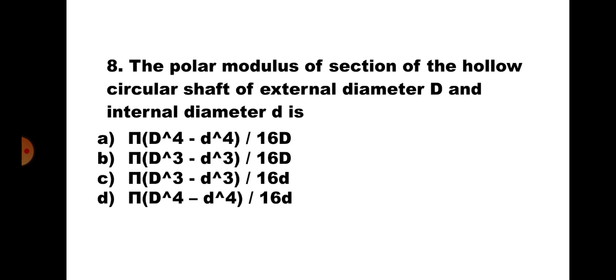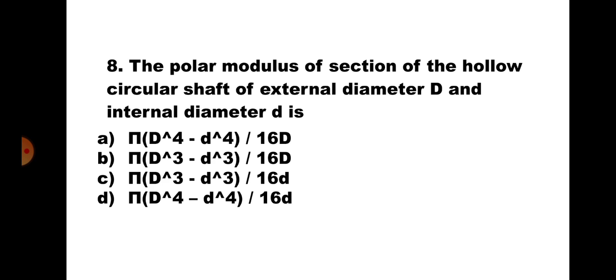Now this is exactly similar to the previous question, only here the shaft is hollow, therefore its IP will be pi into bracket capital D raised to 4 minus small d raised to 4 upon 32, and when you put the value of R in the formula, you will get the expression as pi into bracket capital D raised to 4 minus small d raised to 4 bracket complete upon 16d.